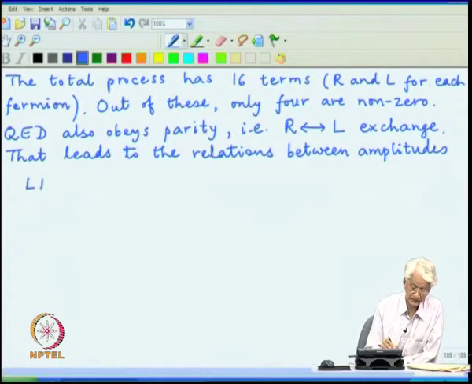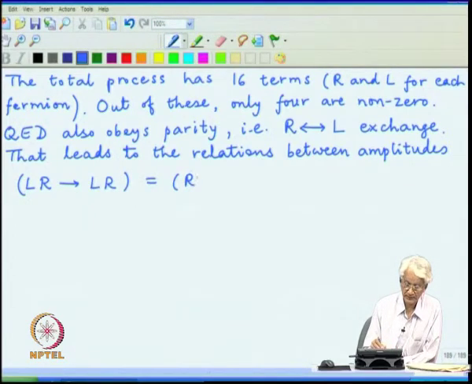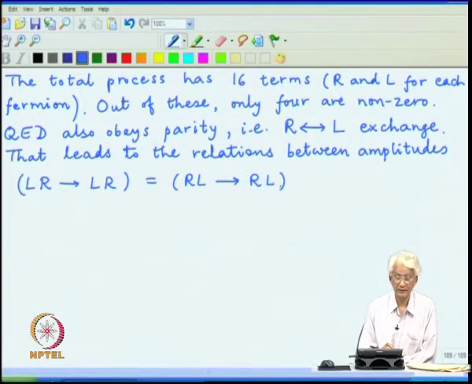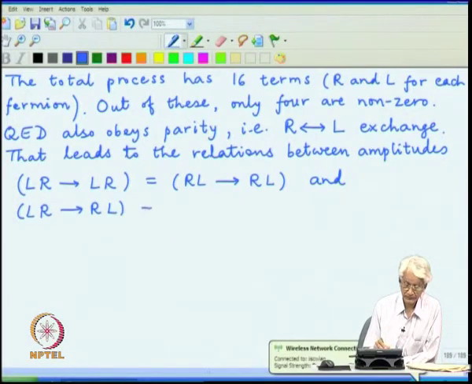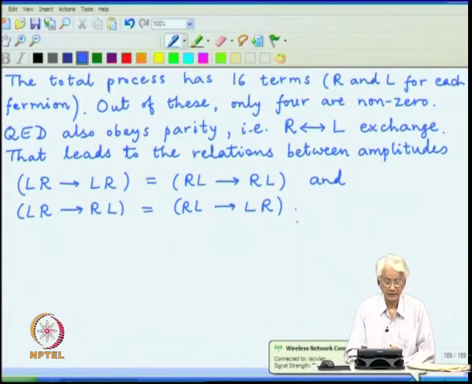So, the process which takes L R to L R will be the same as one which takes R L to R L, and the analogous one for the L R to R L being the same as R L to L R. So, these are the only 4 non-zero amplitudes, and parity cuts down the calculation to again only 2 of them being non-zero.